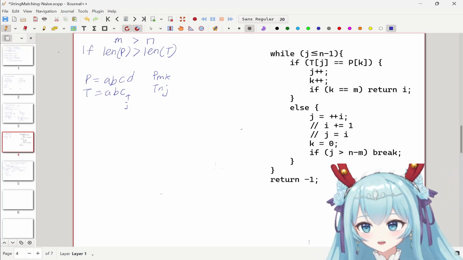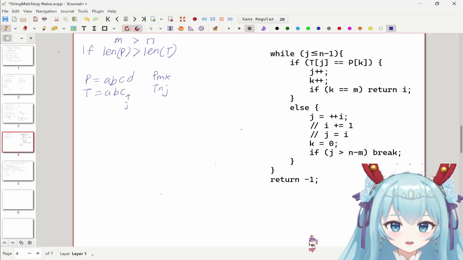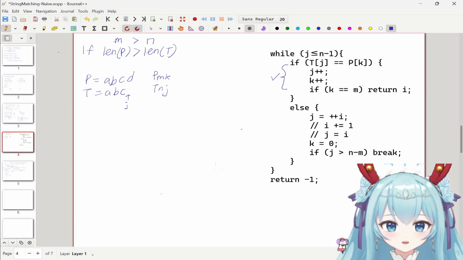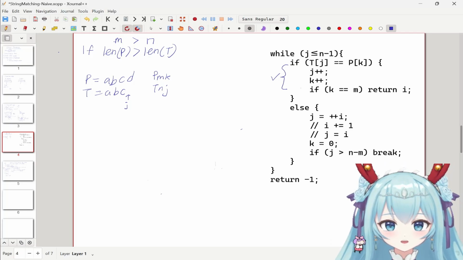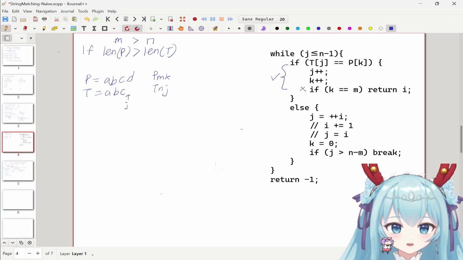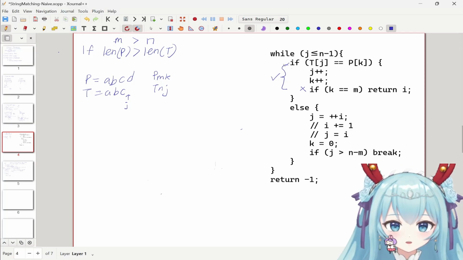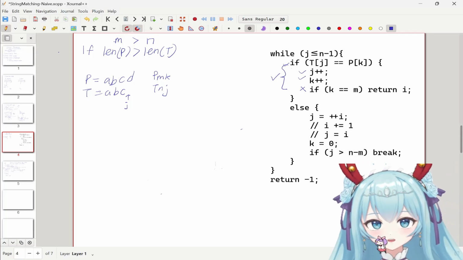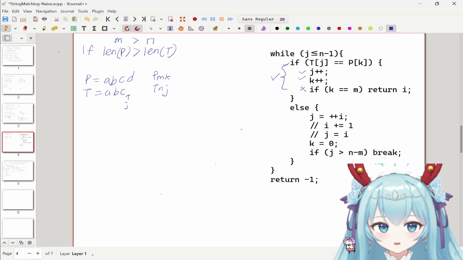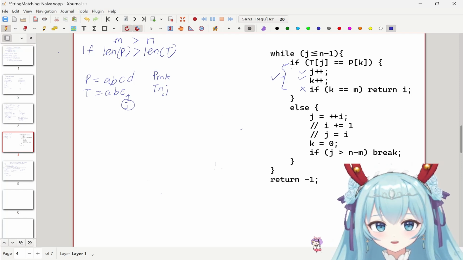Then we do not trigger this if statement, but we do trigger these three statements above it. So this, this, and this. And so remember when C matches C, we increase J by 1, which is why J is over here. And then we increase K by 1.